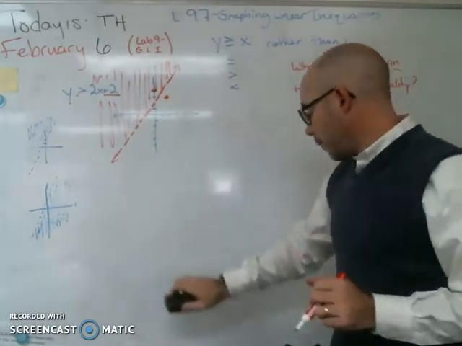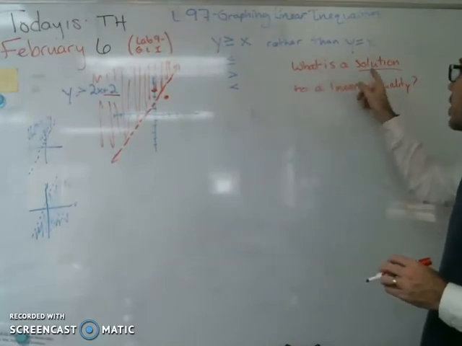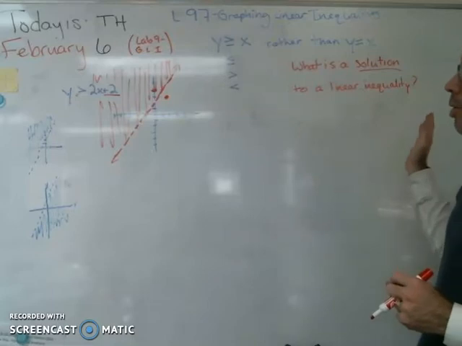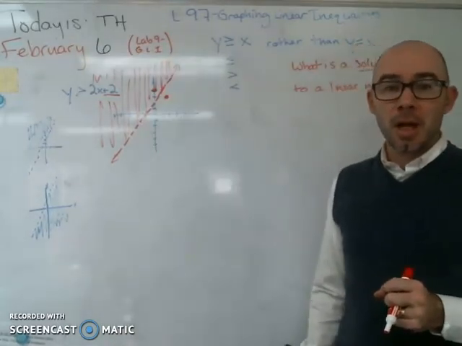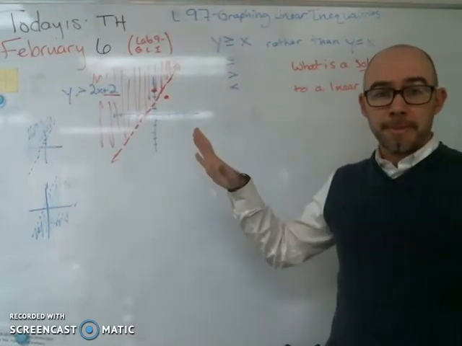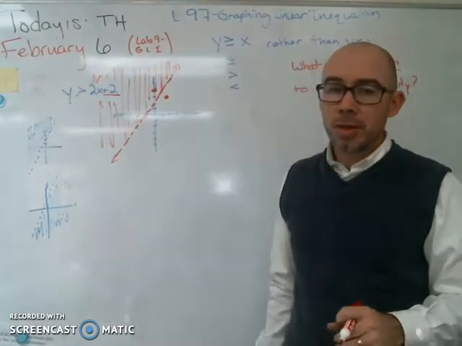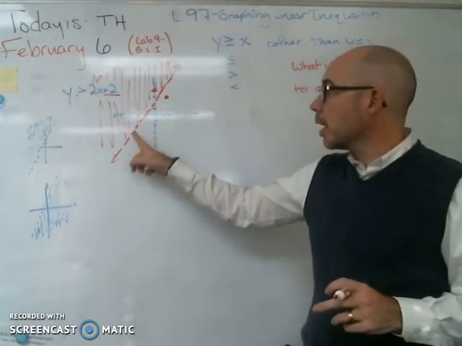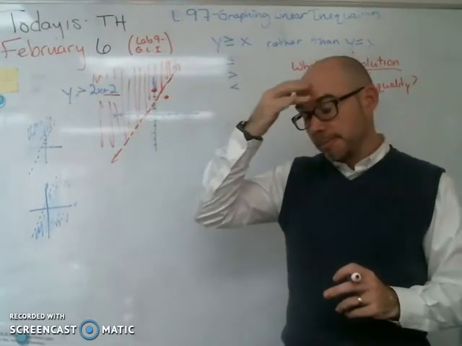Now, I've kind of gone a little fast and loose there for a couple minutes, but the question was, what is a solution to a linear inequality? And I just said a solution is going to be any point in the shaded area on the plane. Not shaded, not solutions; shaded, yes, solutions. And then we just have to worry about whether or not we're including the line or whether we're only including everything up to the line.